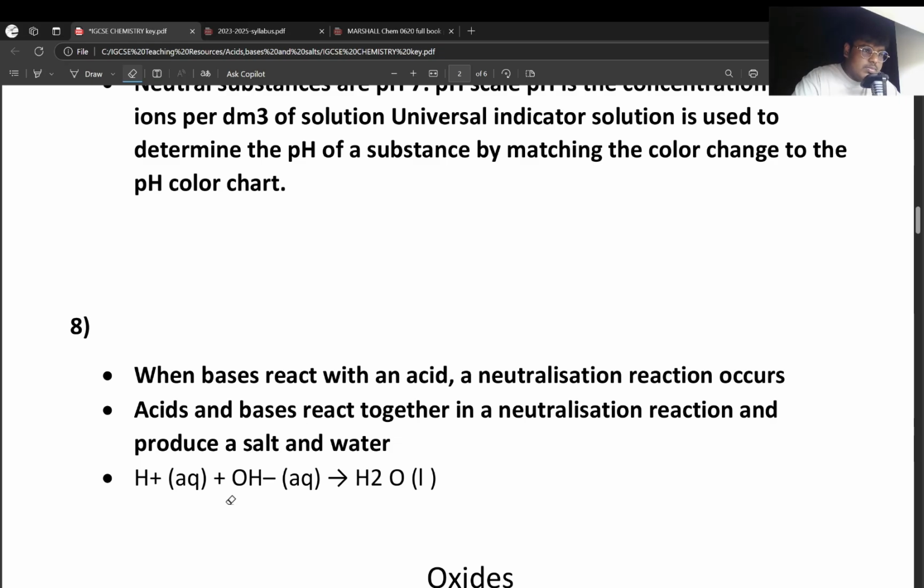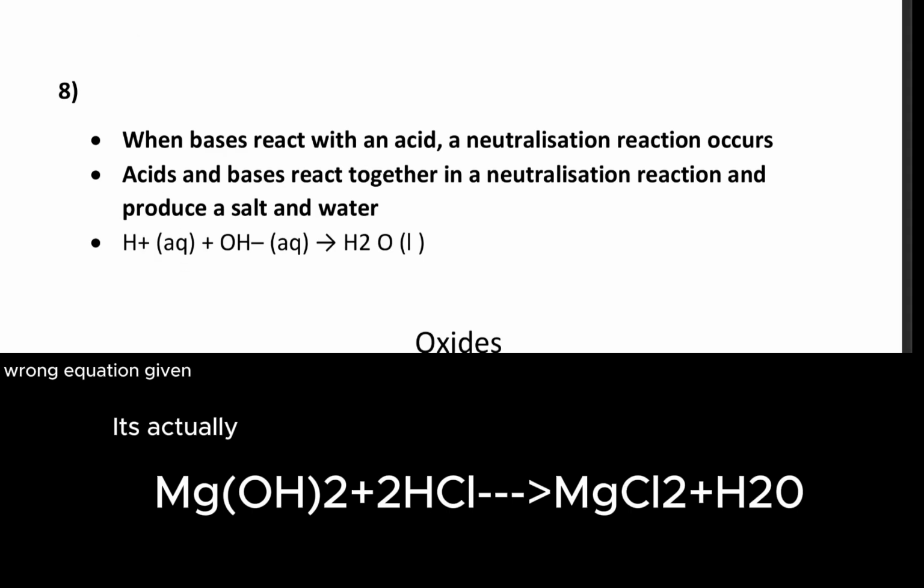So MgOH, possible? Yeah, possible. Magnesium hydroxide plus HCl gives you H2O plus MgCl.